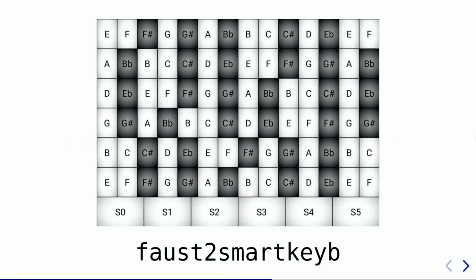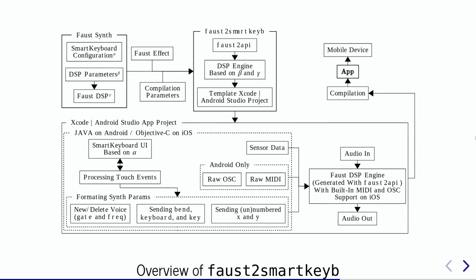Anyway, so Faust2smartkeyb, which is the tool that I'm presenting here, is based on Faust2API, so it's built on top of it. And I think the best way to describe it is to do a few demos, but this diagram here kind of summarizes the way it works.